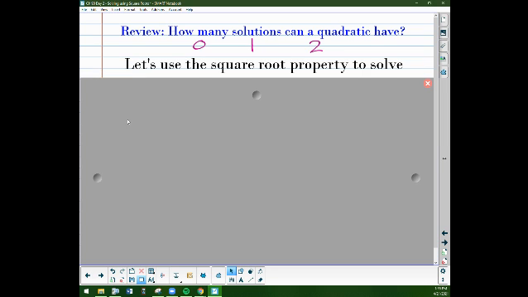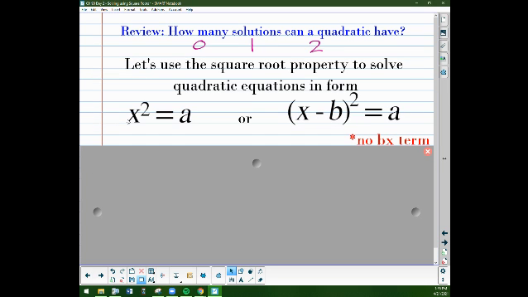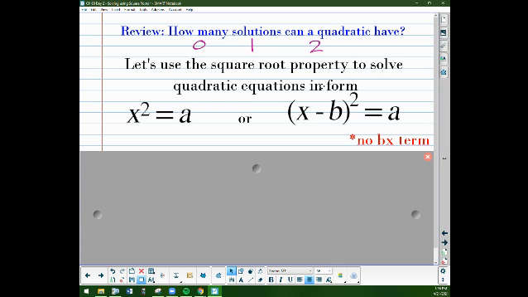Okay? All right, so we're going to use something called the square root property to solve quadratic equations in the form, and this is key, is recognizing the form when to use the square root property. So the 2 situations when we use the square root property is when I have x squared by itself.